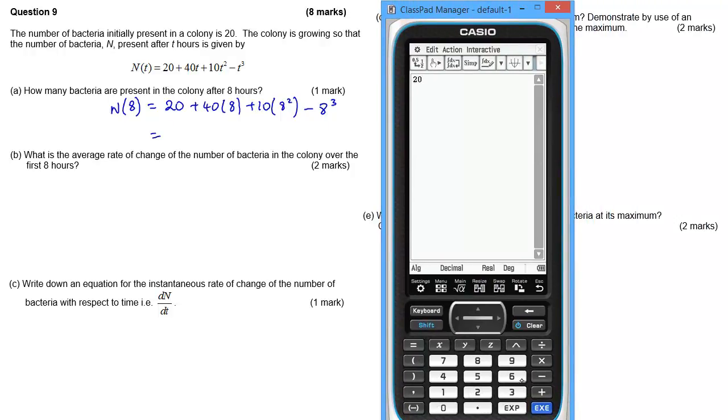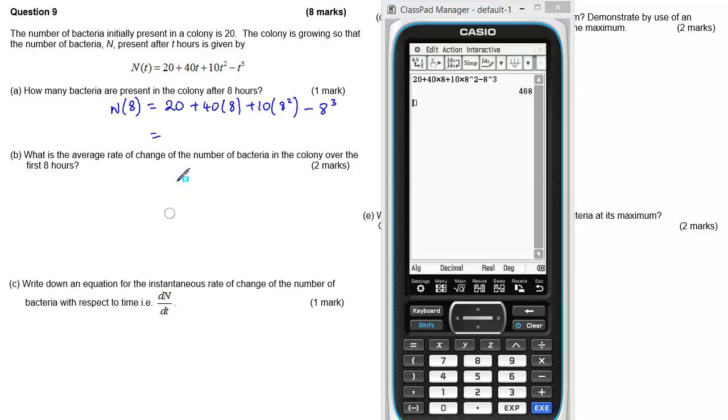So that's going to be 20 plus 40 times 8, add 10 times 8 squared, take away 8 cubed, and that gives me 468.